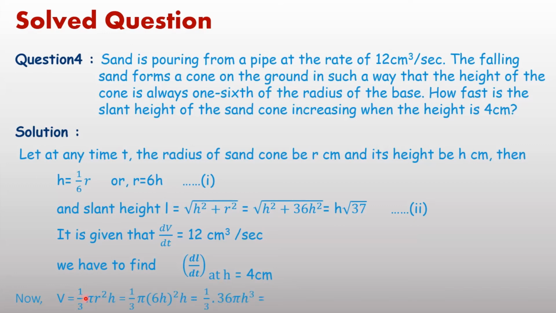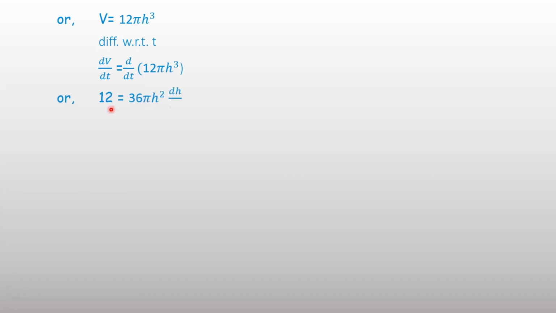Formula for volume V equals 1 by 3 pi r square h. Same process, then after solving we are getting 12 pi h cube. Therefore, continue same process as previous question. Differentiate: dV by dt equals d/dt of 12 pi h cube, 12 equals 36 pi h square dh by dt, or dh by dt equals 1 upon 3 pi h square.